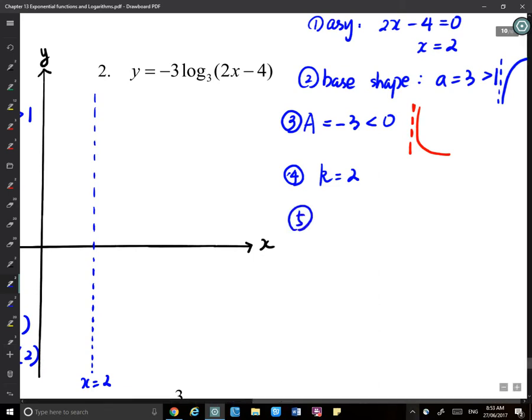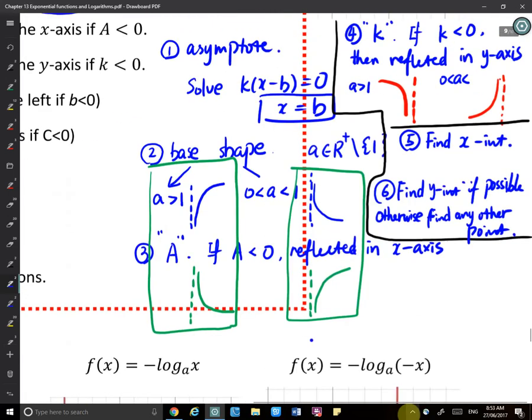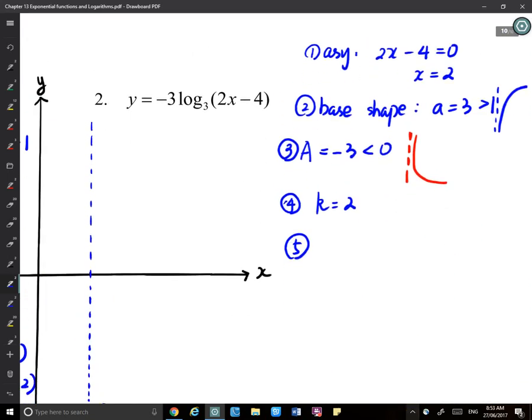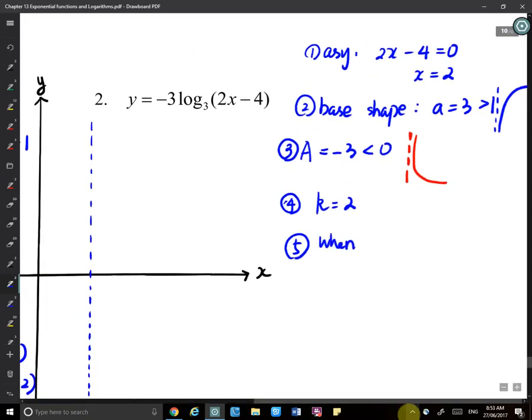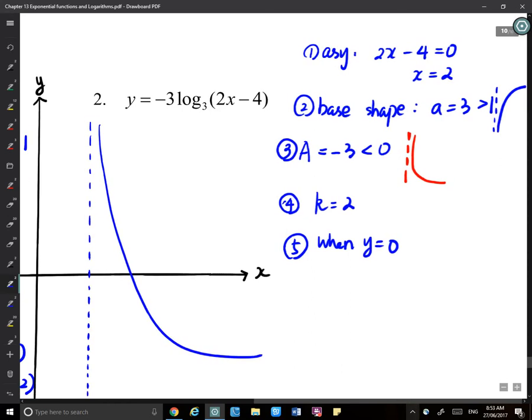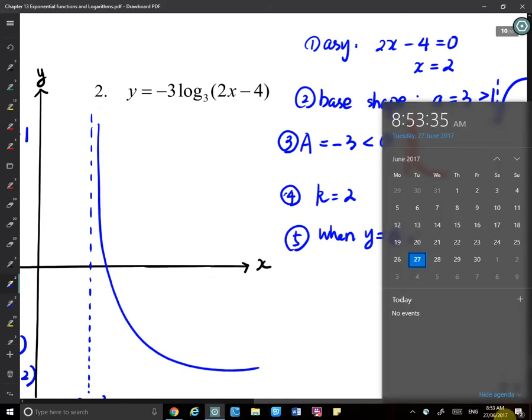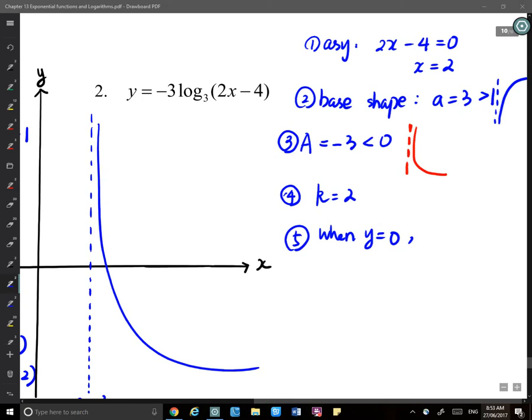Number 5, solve for x-intercept. Did I write x-intercept on the top? Yes. Okay, solve for x-intercept. That's when y equals to 0. Well, your graph looks like this. Okay, when y equals to 0, log 3 of (2x minus 4) will be 0 because 0 times -3 will be 0.